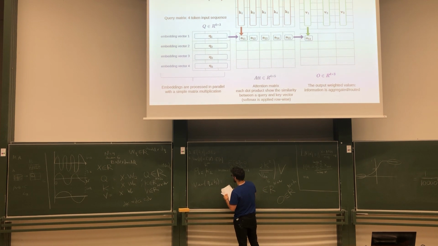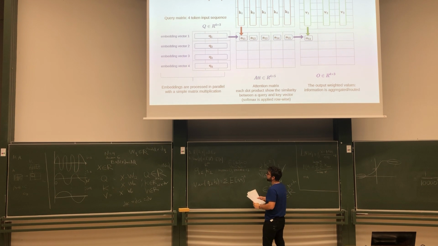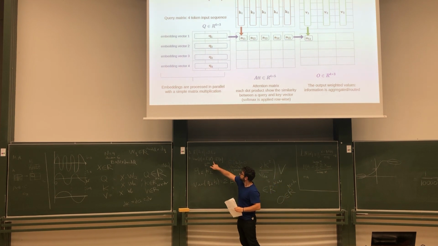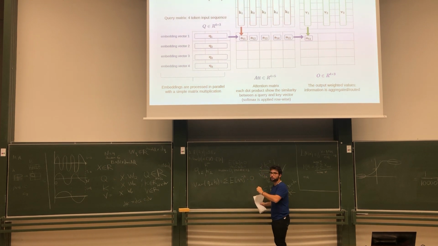I will swap the sum immediately. Expected value of Q1, K1, and then square. So this is this one here. And the expected value is already computed to be 0, so I'm not repeating that. Alright?